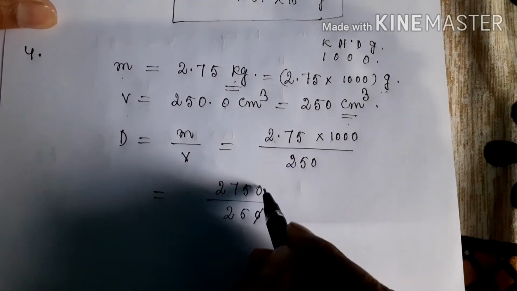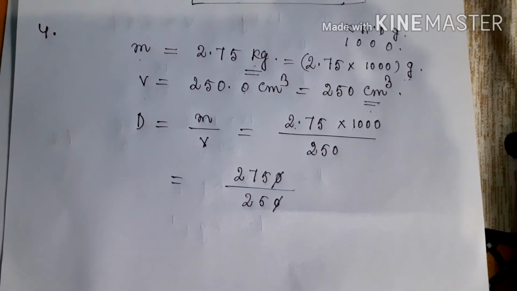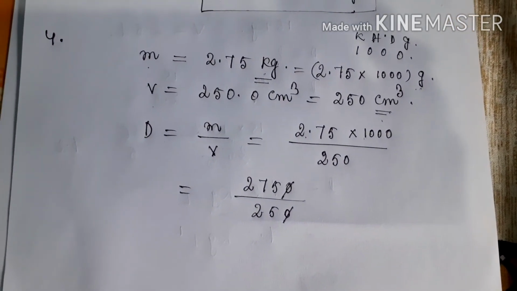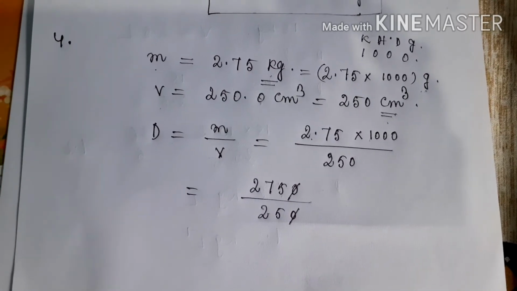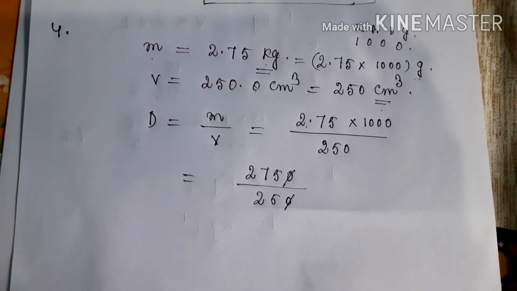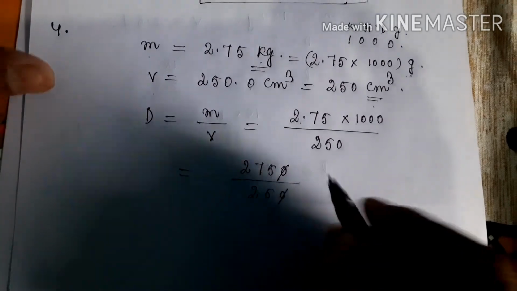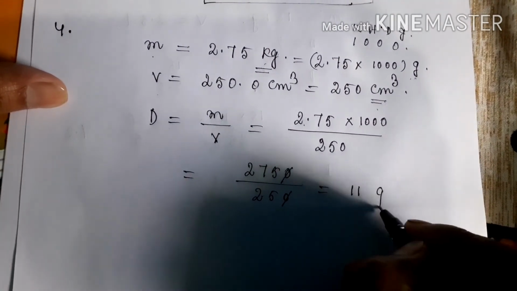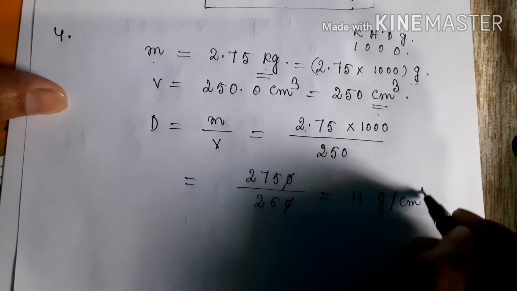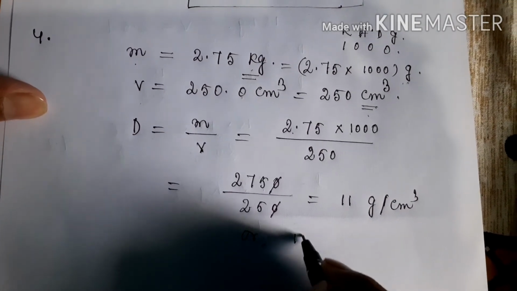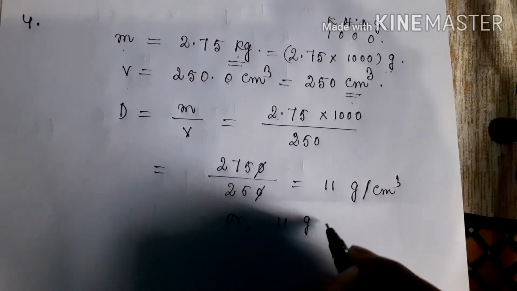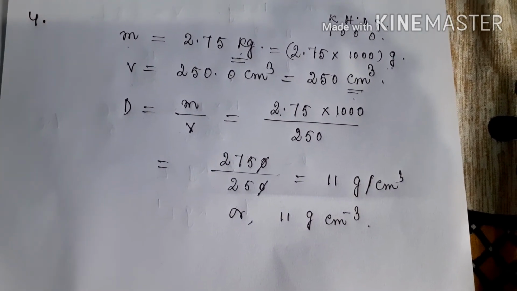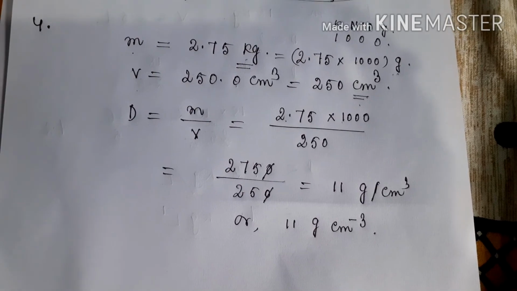Cancel the two zeros and calculate 275 divided by 25, then 11 will come. So the answer is 11 gram per centimeter cube, or you can write 11 gram centimeter to the power minus 3. That is question number 4.